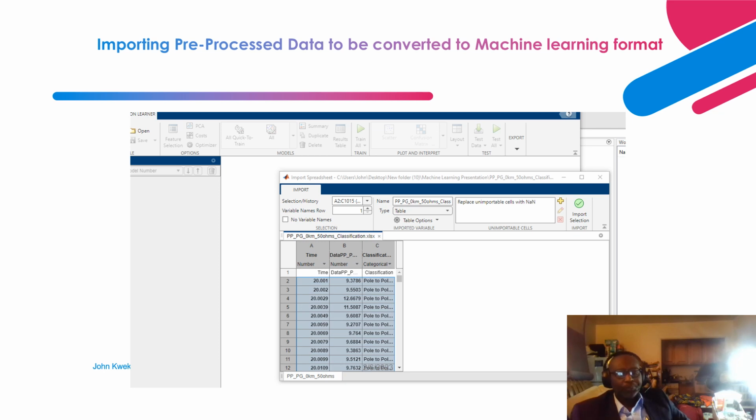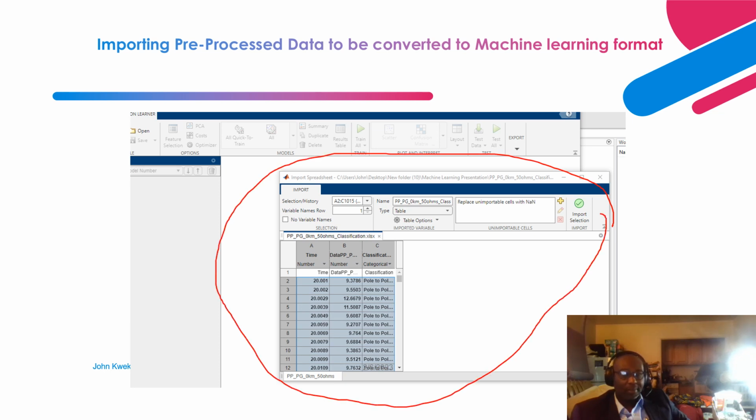Okay, so now once you select the data from your folder that you have on your computer, right? Okay, so this is what you're going to see. As you can see over here, nicely, this is my time, this is my fault currents, and this is my classification prediction.